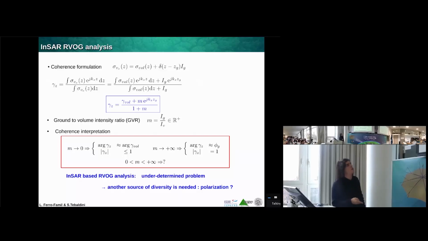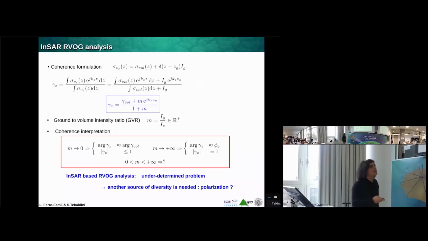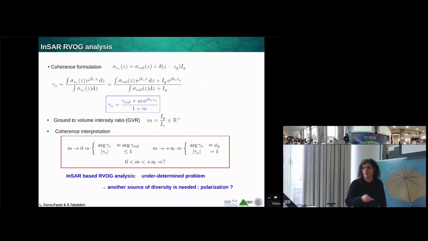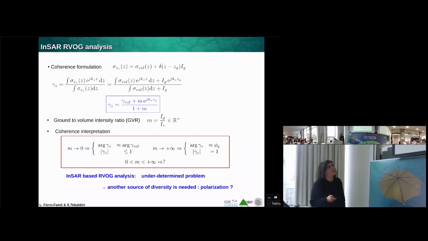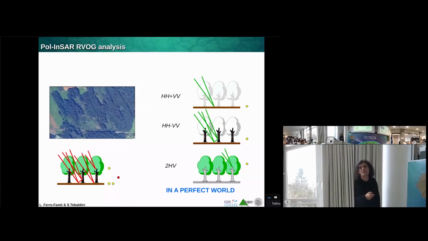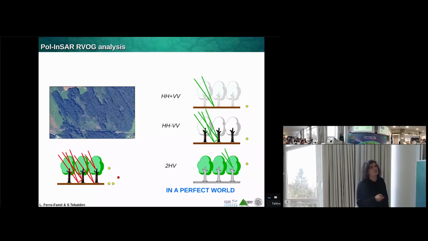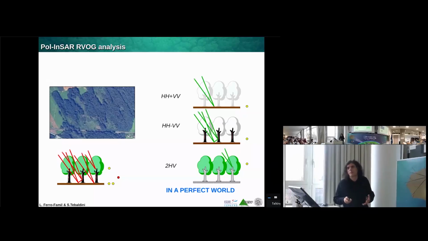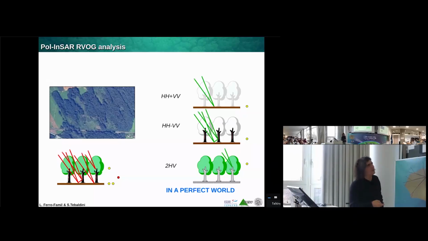One way to overcome this problem is to use polarization diversity, but since you haven't done yet the course on polarization, I will not talk about this. I will jump a few slides. But basically, you use the sensitivity of reflection to polarization to put yourself in a configuration where the ground dominates or where the volume dominates. This is more or less the philosophy of this approach.